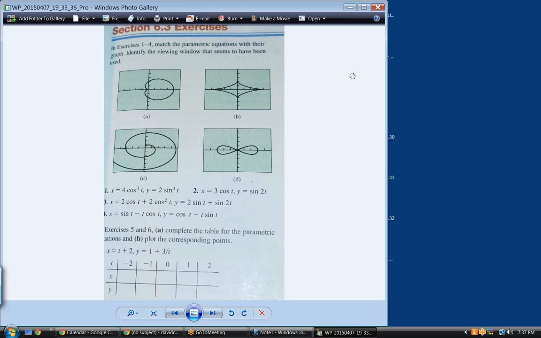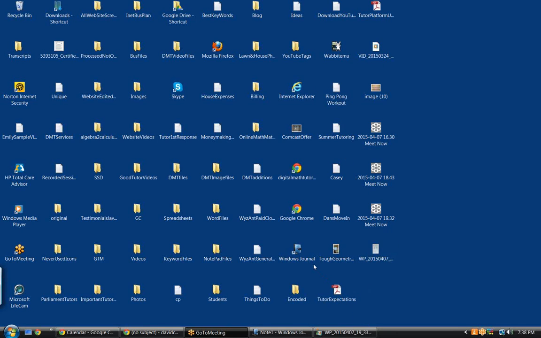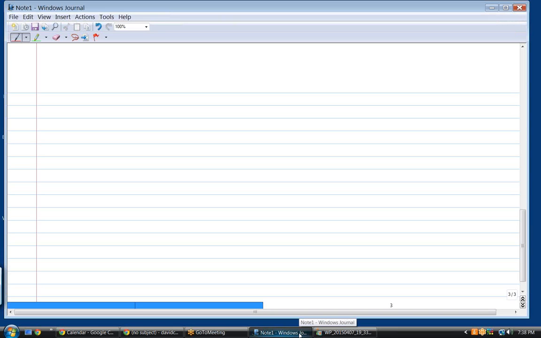Take the simple one. Hold on, I'm looking for a simple one. There aren't any simple ones there. Before we look at 1 through 4, I want to start with a simple one. Okay. Just so you understand what's going on.